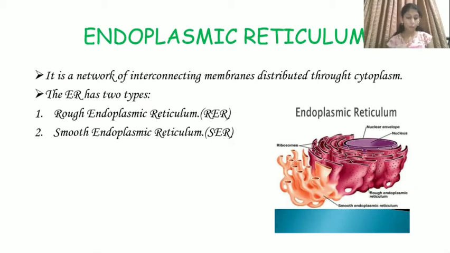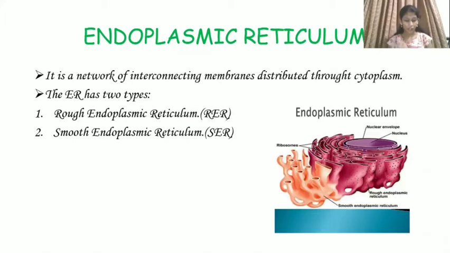The endoplasmic reticulum is a network of interconnecting membranes distributed throughout the cytoplasm. If this is a cell, in the center we have a nucleus and the other part is cytoplasm. Almost the whole cytoplasm is covered with endoplasmic reticulum.